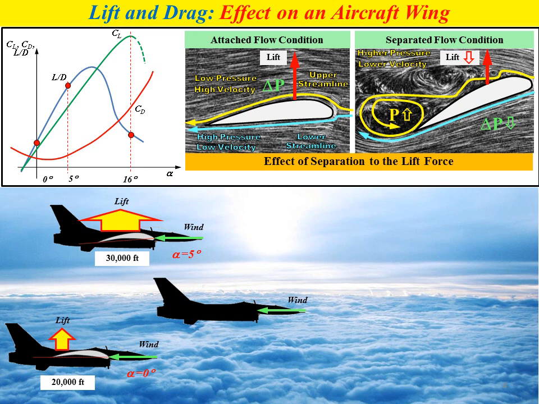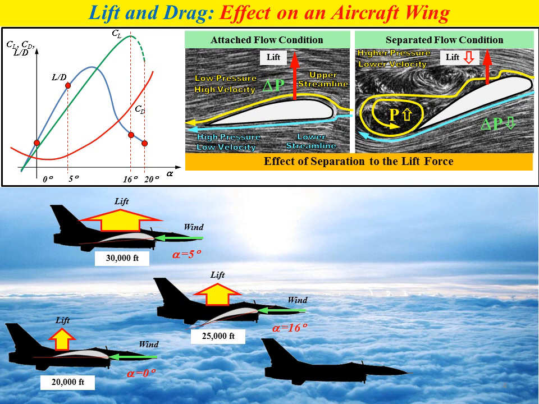So we have a lower value of effective lift force at that condition. Then in terms of height, the aircraft will fly lower, let's say at 25,000 feet, which is lower compared to the condition of angle of attack at 5 degree.